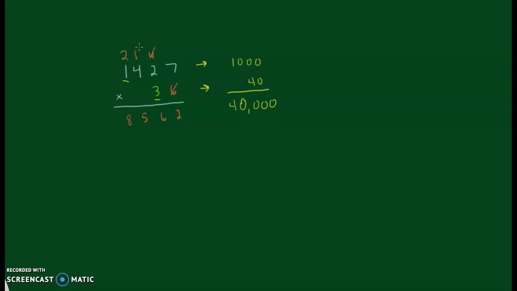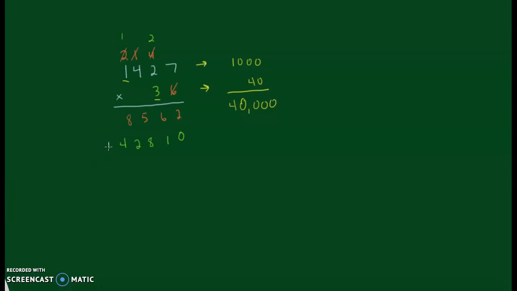So I'm done with those, and I'm going to start multiplying by the tens place now. So I'm going to put down my 0, and now I'll multiply all these numbers times the 3. So 7 times 3 is 21. 2 times 3 is 6, plus 2 is 8. 4 times 3 is 12. 1 times 3 is 3, plus 1 is 4.